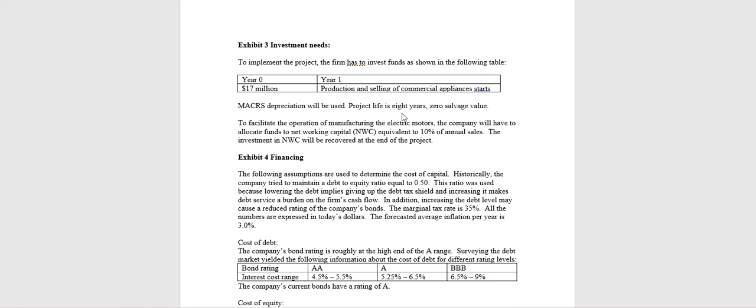This is an 8-year project with no salvage value, and you're going to be using the modified accelerated cost recovery depreciation schedule for these 8 years. It's a depreciation schedule that's in your textbook, but you can also look it up very easily on the internet. We'll talk more about that in subsequent weeks.